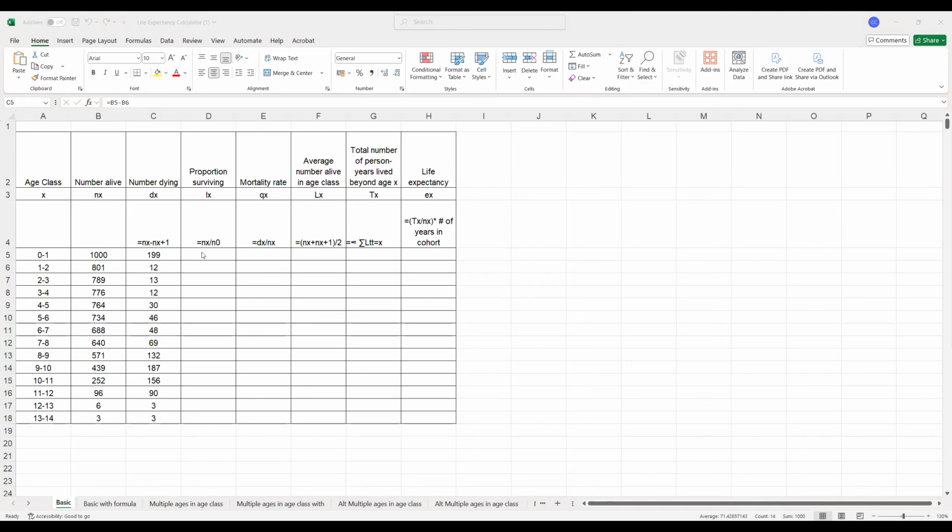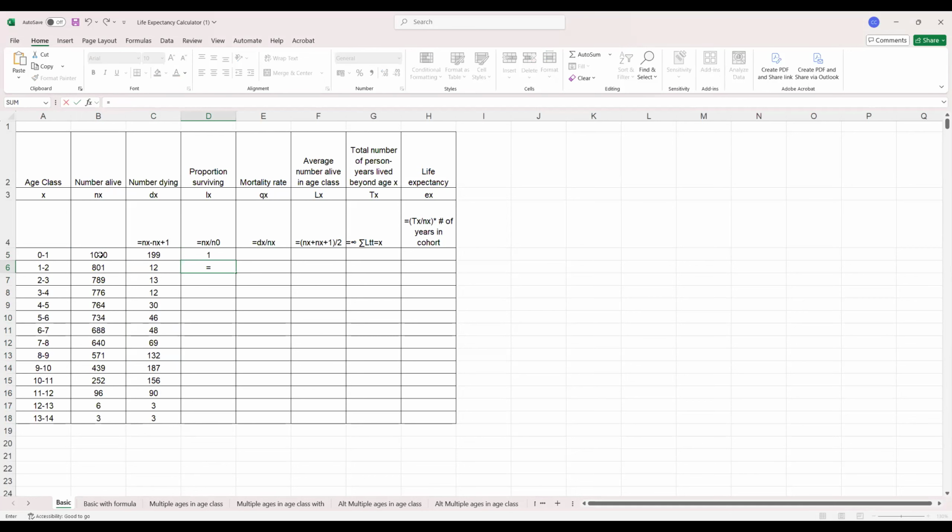Now, yung proportion surviving naman, is titignan mo kung ilan yung buhay kumpara sa dami ng pinanganak nung start. So, ang dami ng pinanganak is 1,000. So, from 0 to 1, may 1,000 na pinanganak, may 1,000 na buhay. So, it's 1,000 divided by 1,000, you get a value of 1.